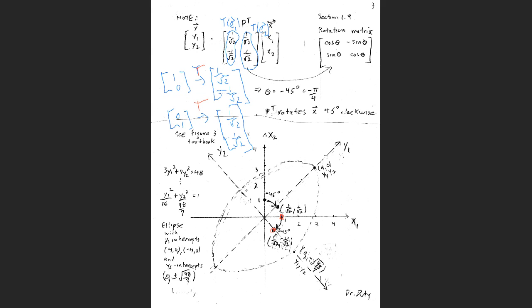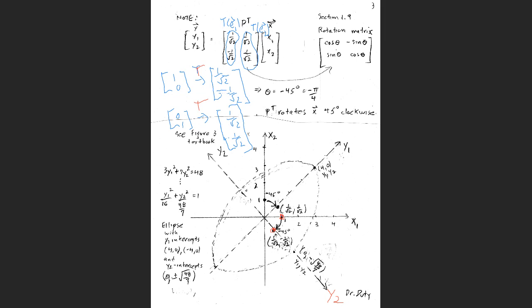In other words, we're taking the x1, x2 axes and rotating them so that we have the new y1, y2 axes. So the point (1, 0) got rotated to the point 1 over root 2, negative 1 over root 2. And so that forms the y2 axis. The y2 axis has to pass through the origin and that point.